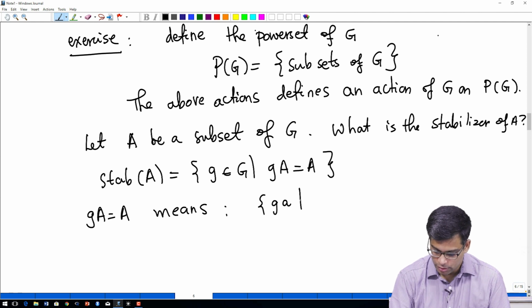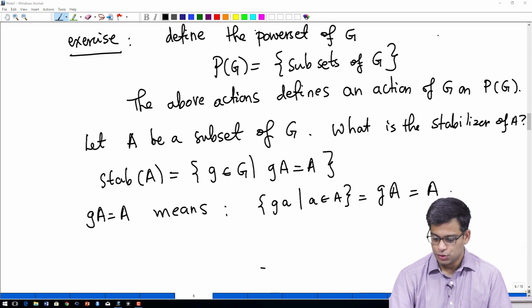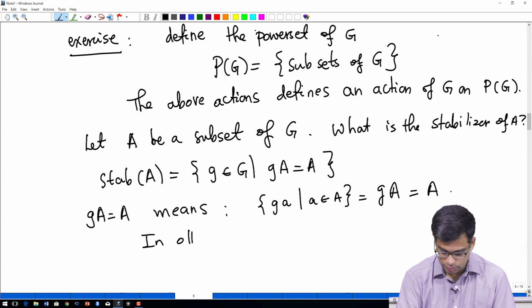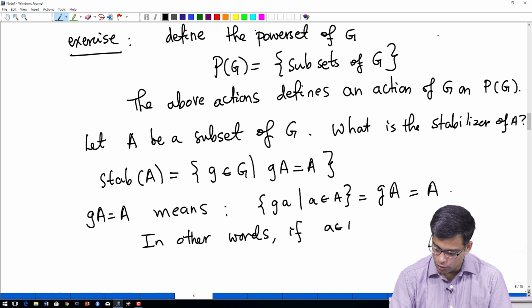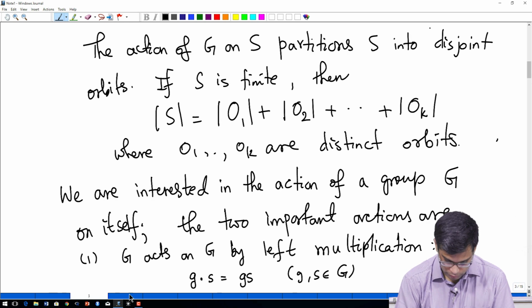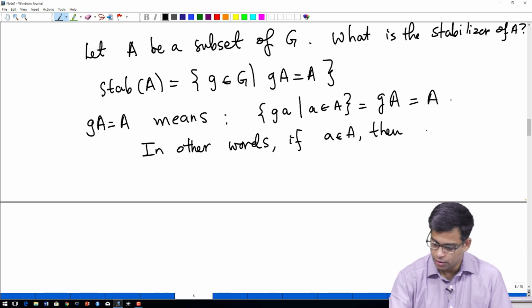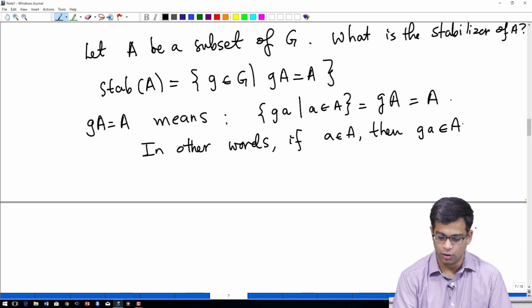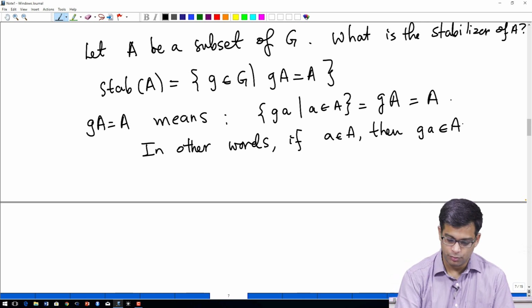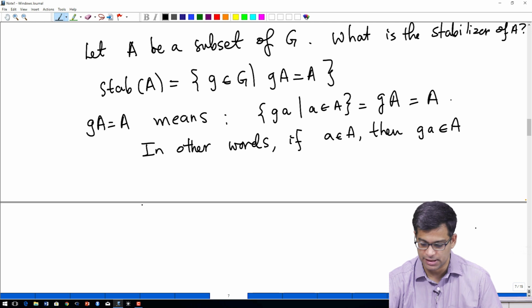The set ga as a varies in A is A. So in other words, if a belongs to A, then ga also belongs to A. This is the meaning of small g stabilizing capital A. It must have the property that if small a belongs to capital A, then ga belongs to capital A, then we say that it stabilizes capital A.